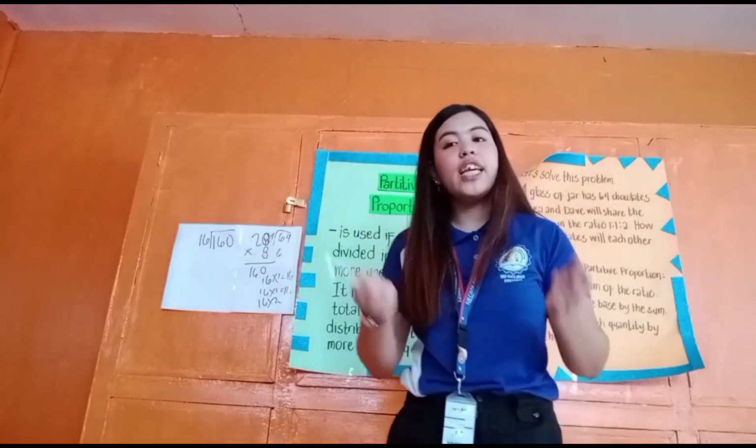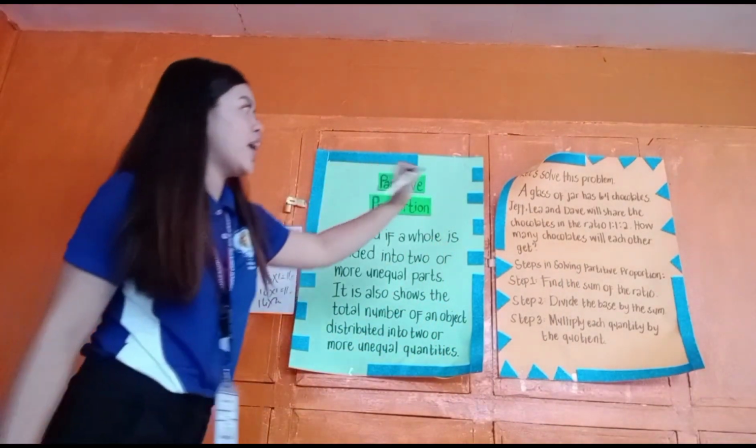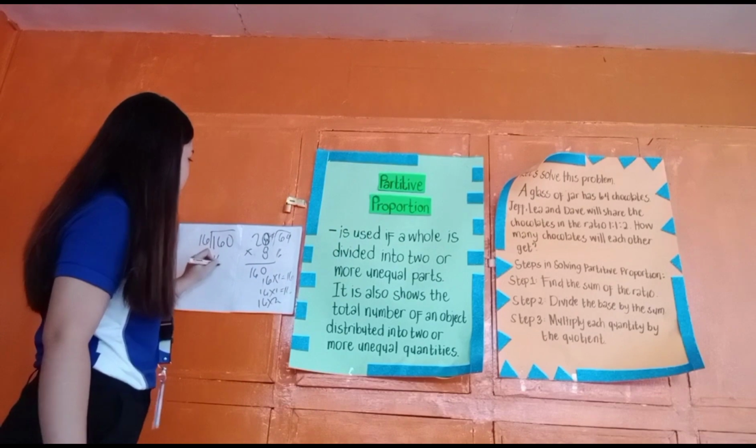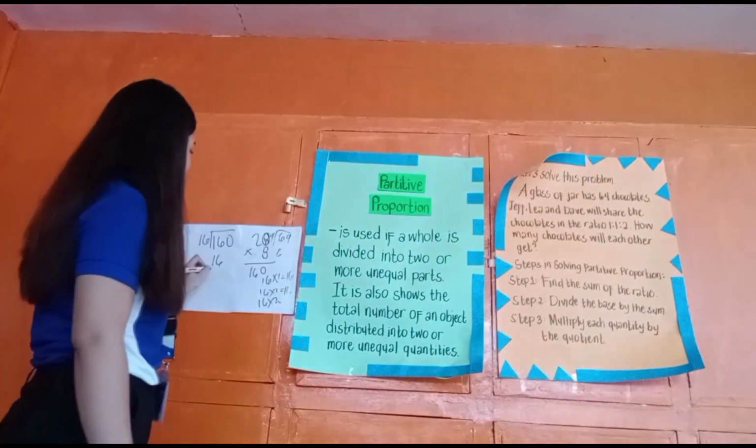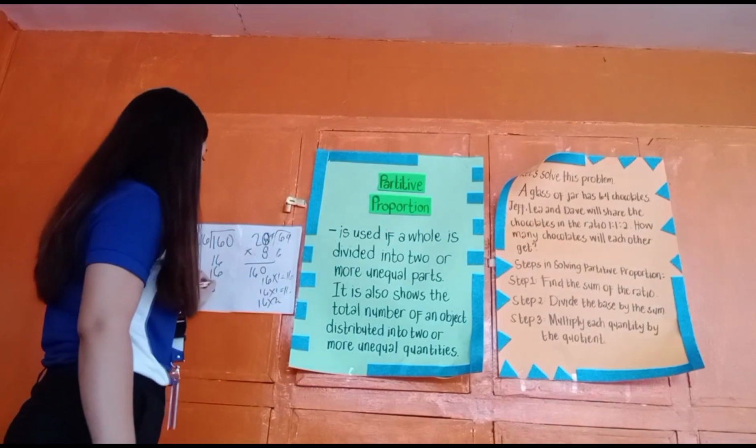Now let us check if our answers are correct. Let us add the number of chocolates each one of them gets. Jeff has 16, Leah has 16 as well, and Dave gets 32.